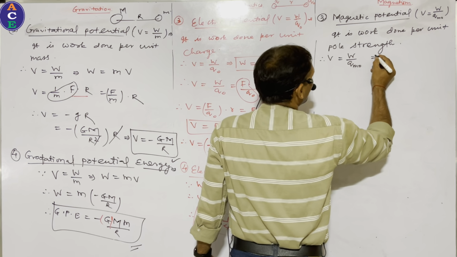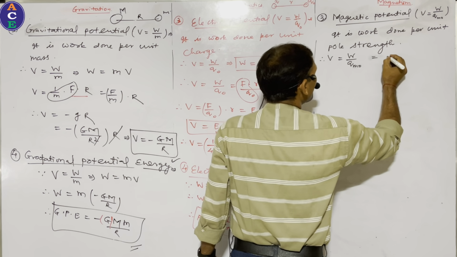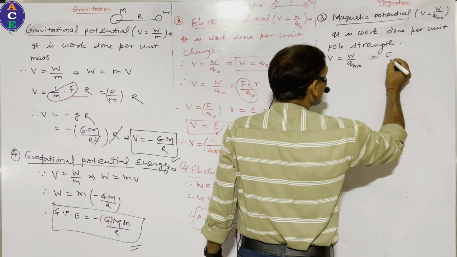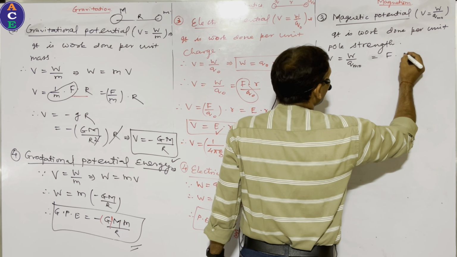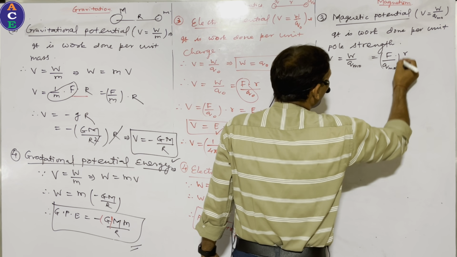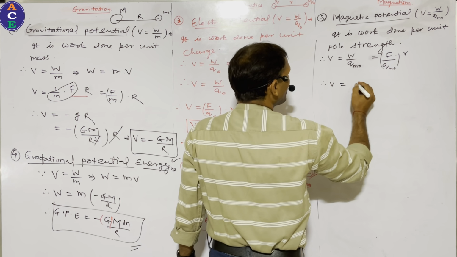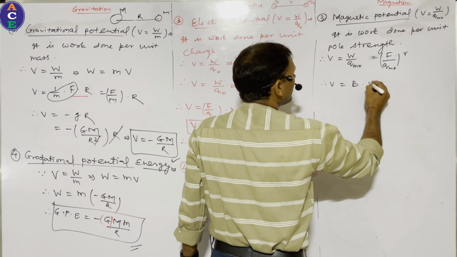So this can be written as work done is force into displacement, magnetic force into displacement, we will take it as R upon Qm naught. But F by Qm naught is what? F by Qm naught is B, magnetic field, into R.